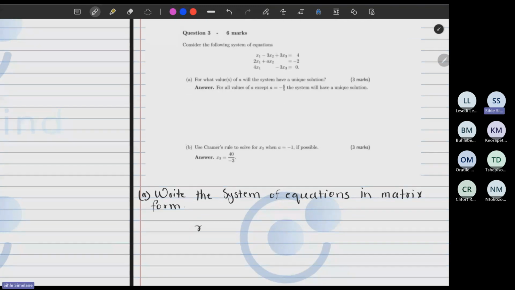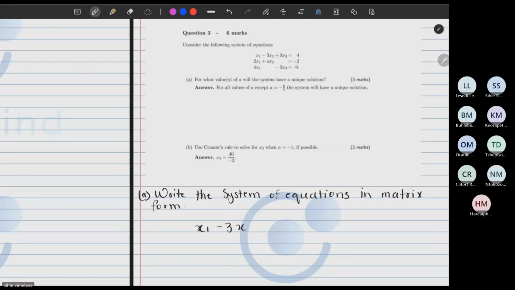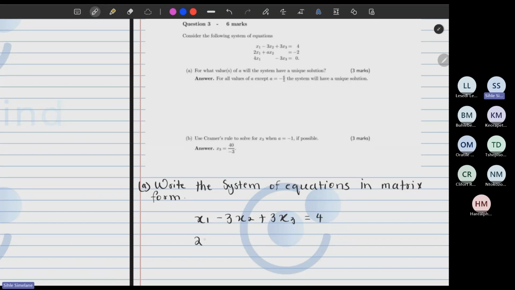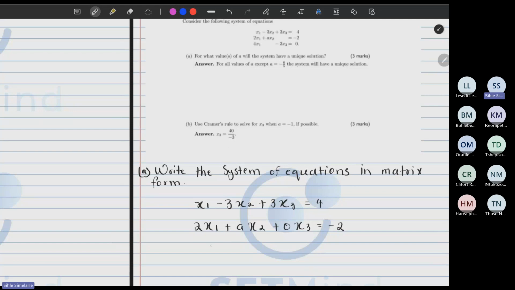If you look carefully, we have x1 minus 3x2 plus 3x3 is equal to 4. And then we have 2x1 plus ax2. Since we do not see any x3, it means it is 0. x3 equals minus 2.